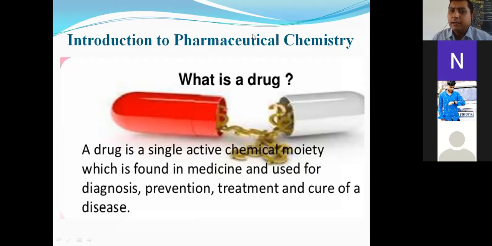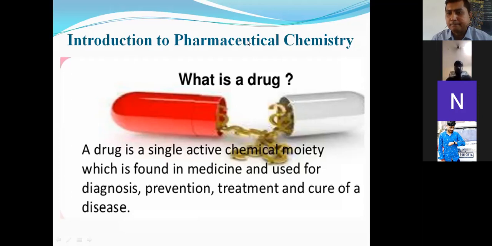So any chemical compound or chemical entity that may be used for diagnosis, prevention, treatment, and cure is called a drug.